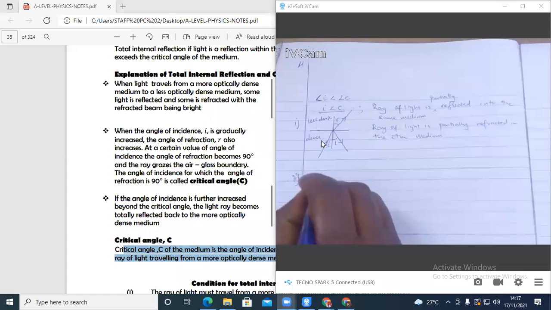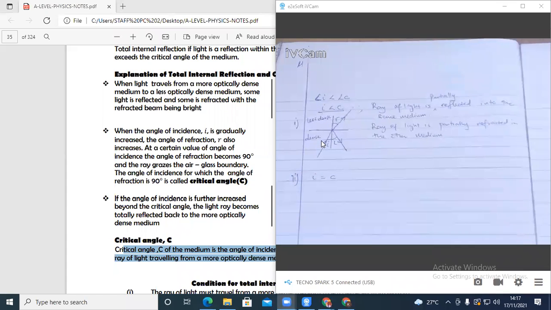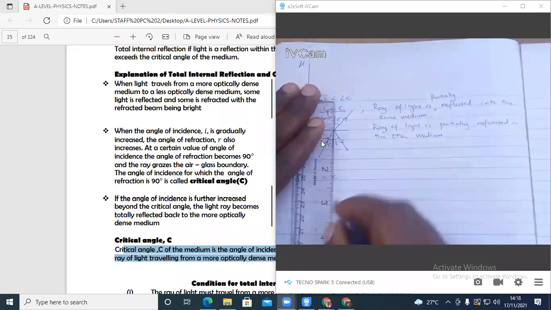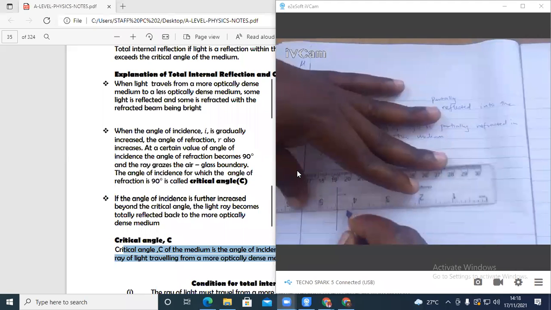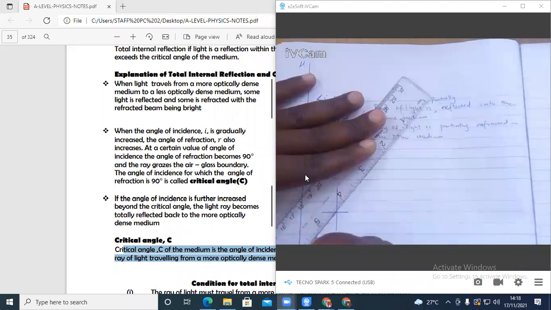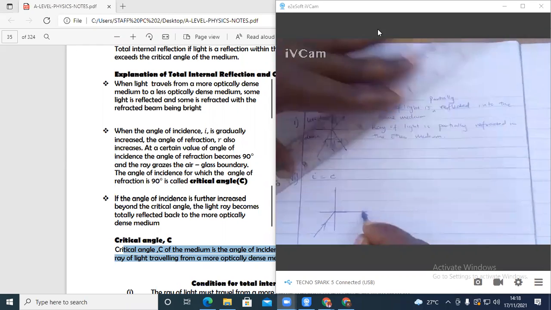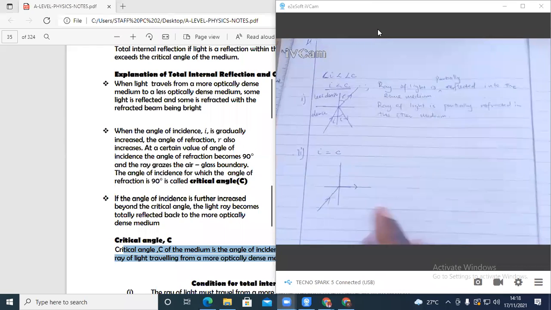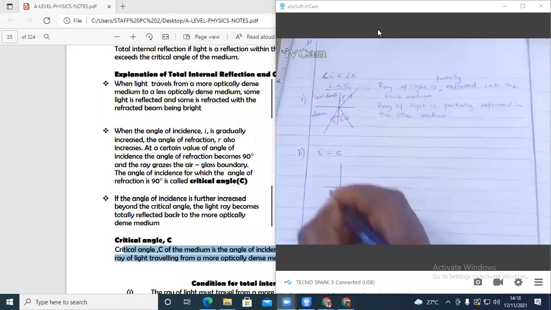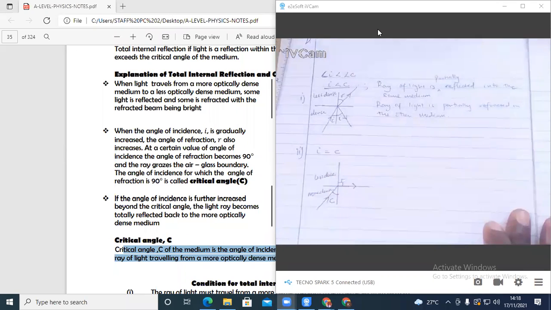So when I equals C, or when the angle of incidence is the critical angle, we shall have the refracted ray grazing the boundary in that form. Suppose that is the boundary. It has been increased, so the refracted ray grazes the boundary, and this angle here will be the critical angle. This will be the less dense medium, and this will be the more dense medium, and this angle is 90 degrees, which is the angle of refraction.